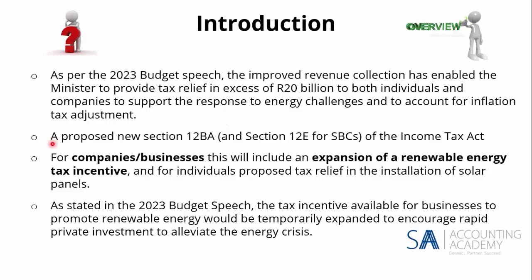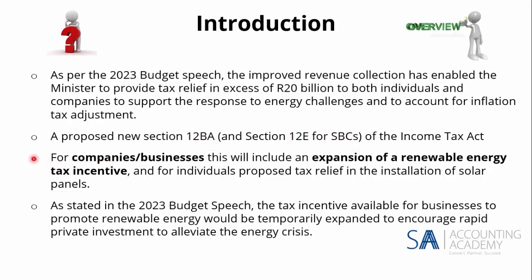So at the moment, this for businesses means that there's a brand new proposed Section 12BA in the Income Tax Act. And then it also affects Section 12E for small business corporations. So if you are a small business corporation and you've claimed Section 12E in the past, and you decide to move on to 12BA, you can claim one or the other.